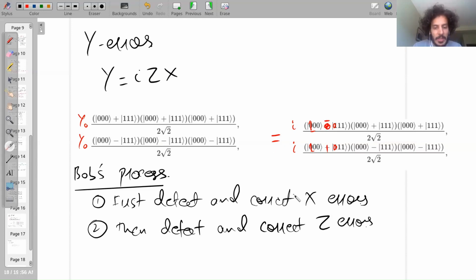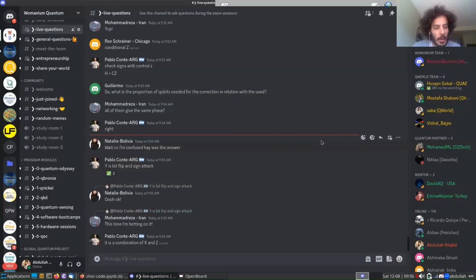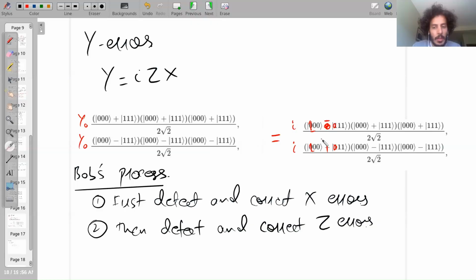When Bob first detects and corrects X errors, right? So this phase in the middle, which is a problem, is not a problem at all for the X correction process, right? In the X correction process, we're only comparing the values of the qubits themselves. We're not looking at the phase at all. So it doesn't matter whether there was a phase flip here or not.